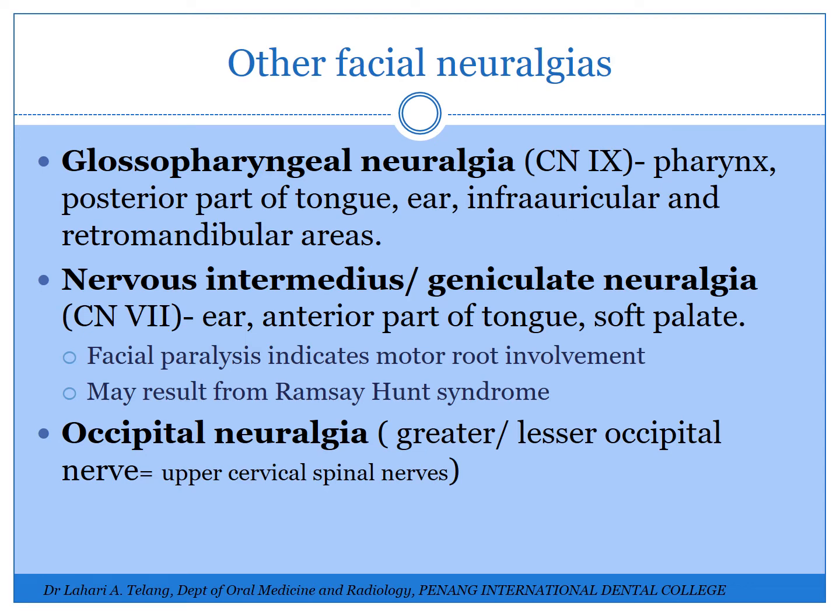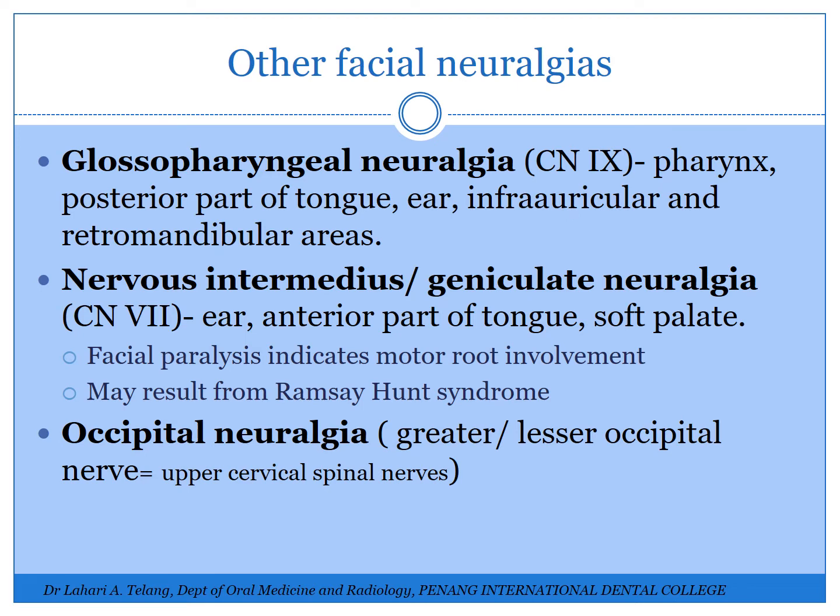This innervates the ear, anterior part of the tongue, and soft palate. So, trigger zones can be in these areas. The patient could have facial paralysis, which indicates motor nerve involvement, and nervus intermedius or geniculate neuralgia could happen because of Ramsay-Hunt syndrome, which leads to a neuralgia later on.